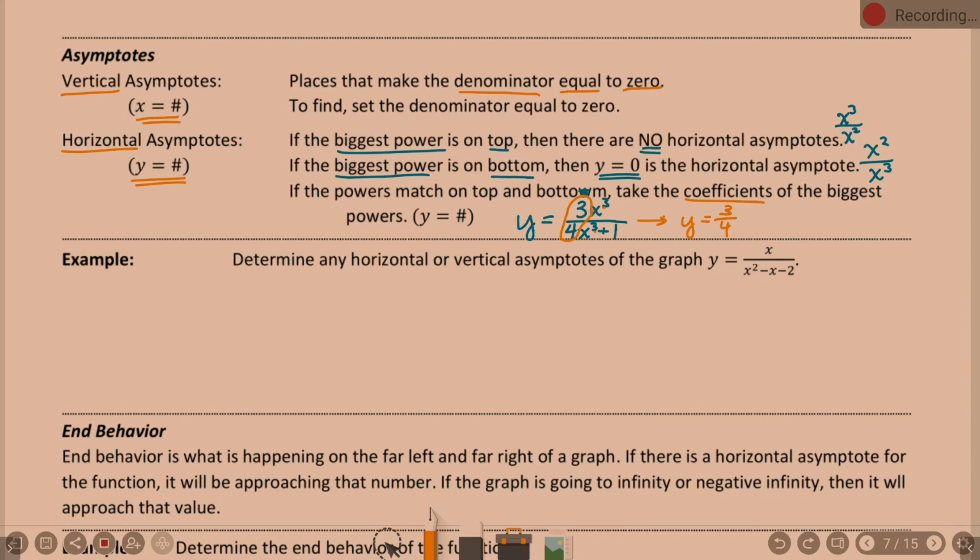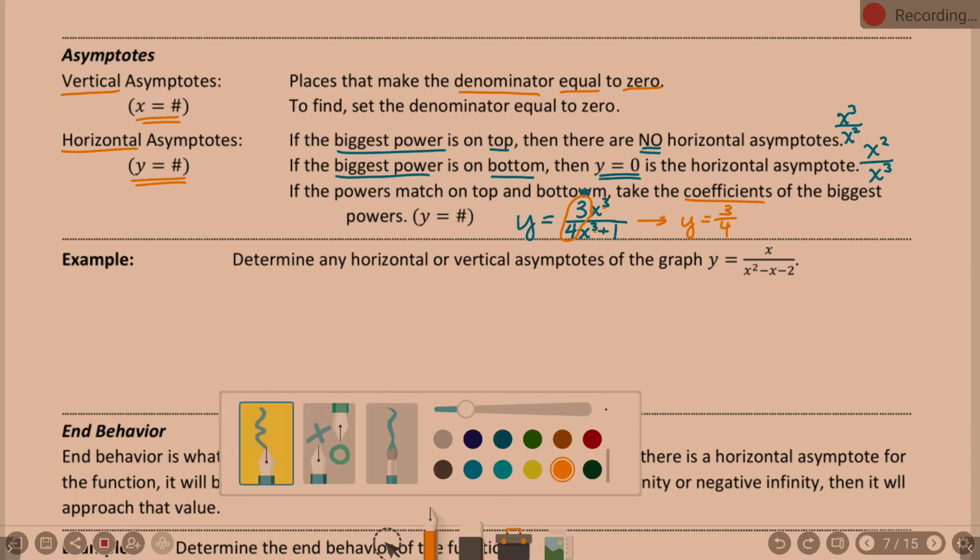We're going to take this one big example here, and we're going to determine any vertical or horizontal asymptotes of the graph. We're not going to go to the calculator yet. We can look at the calculator for verification in the end, but I want to talk about doing this without the calculator. So, any horizontal or vertical asymptotes? What would you like to start off doing here?